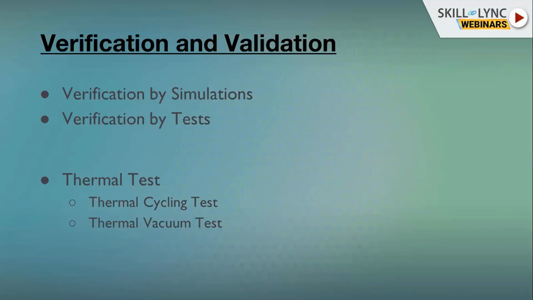Then we have validation. Validation of a system refers to whether you have realized the right product, whether it is giving you the right performance as required by the stakeholder or the end user. This validation is very comprehensive, and it is done using a system level thermal test.